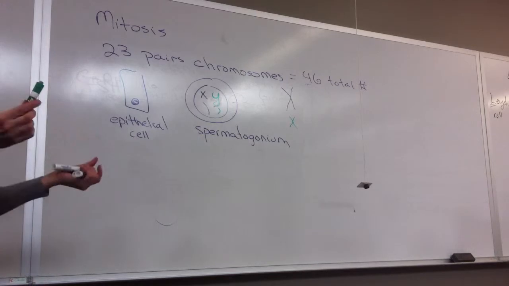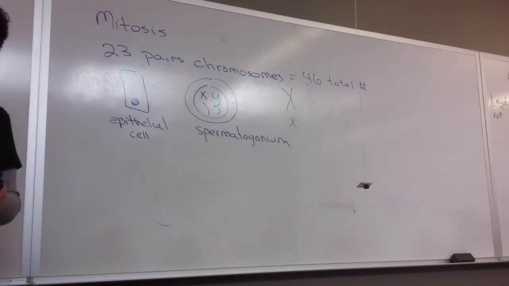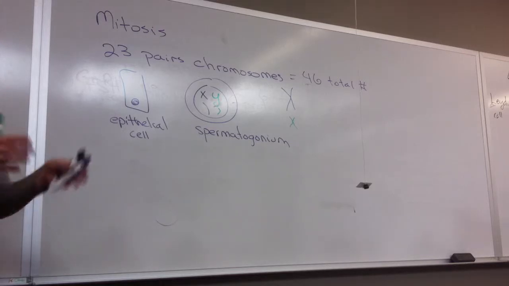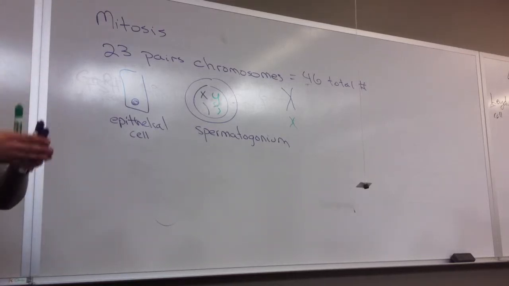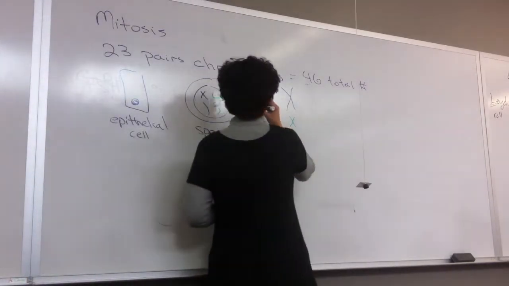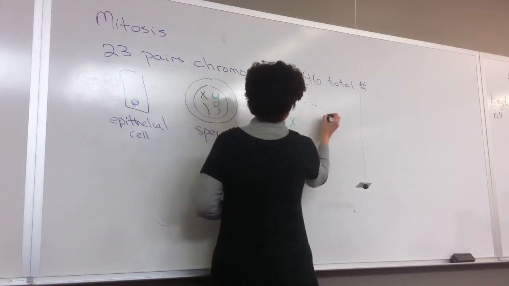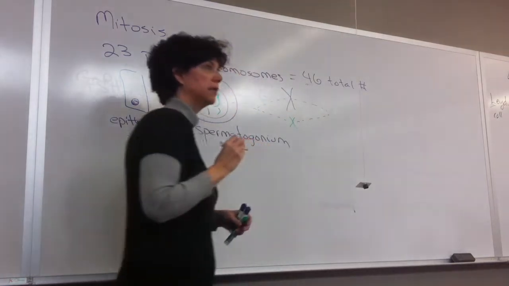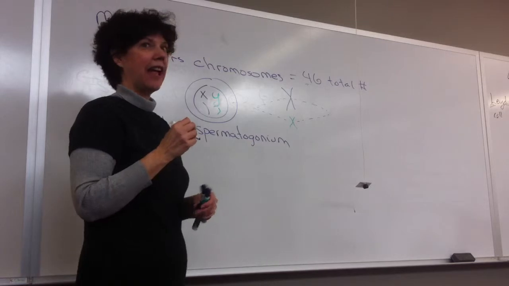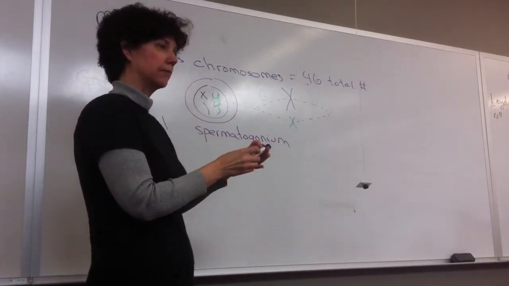Okay, the nuclear membrane has broken down, and they line up along the equatorial plane of the cell, and we call that metaphase. And then microtubules from our centrioles attach and shorten and pull these chromosomes apart.